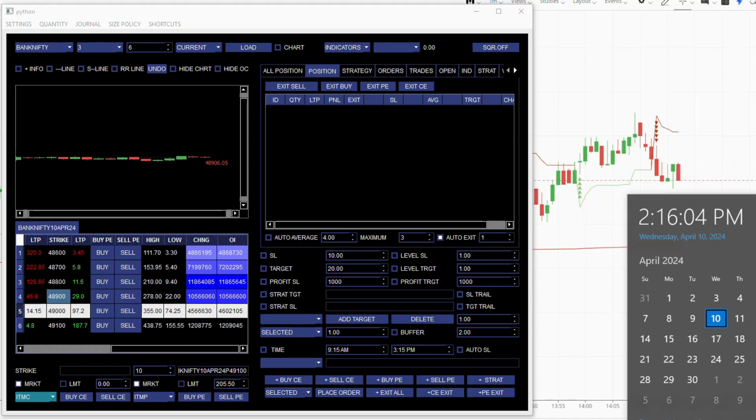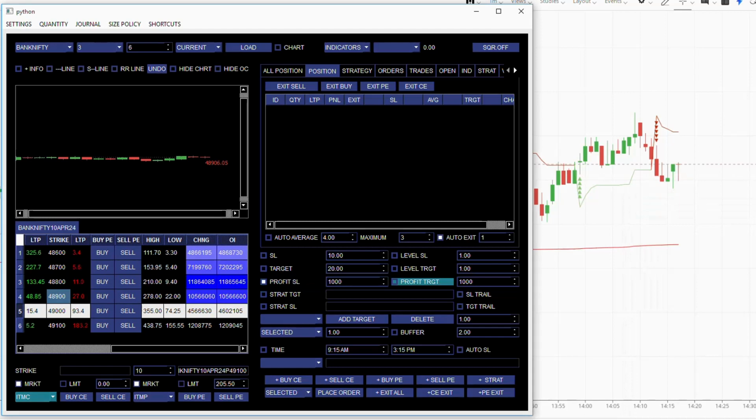Next, profit SL and profit target. Here you can set the target in amount. Instead of points or percentage, we can enter the target in amount. Here, if 1000 rupees profit is reached, it will exit the order, or if 1000 rupees loss is reached, it will exit the order.